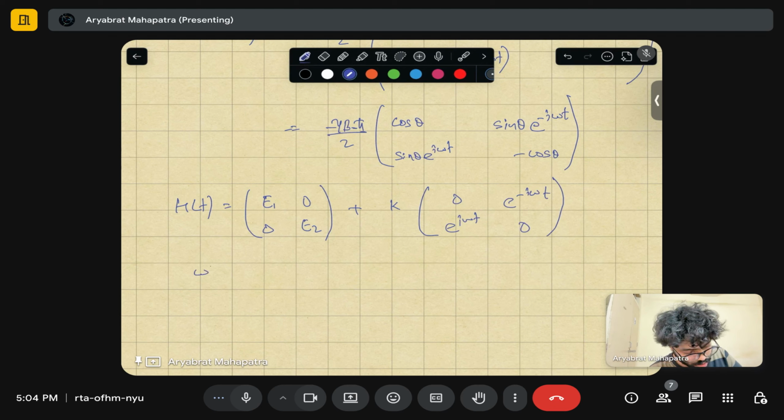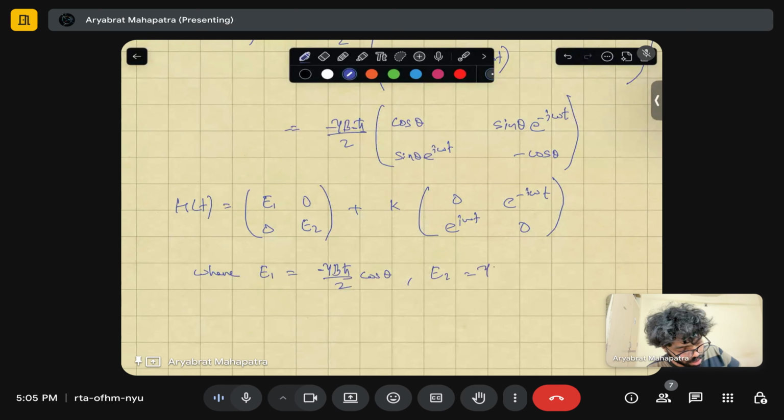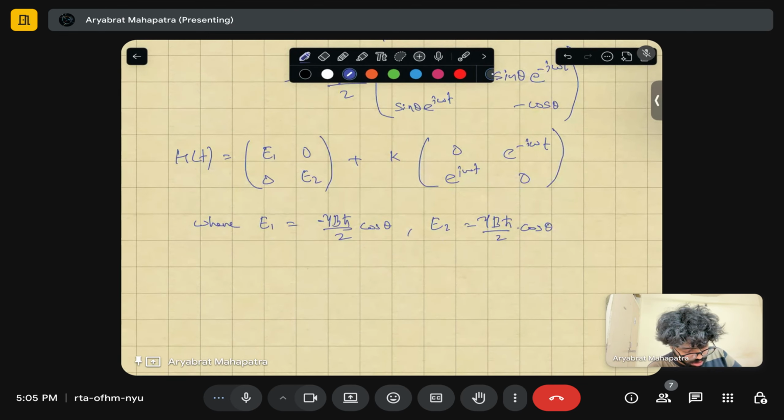where E1 is minus gamma B h bar by 2 cos theta, and E2 is gamma B h bar by 2 cos theta, and your k is minus gamma B naught h bar by 2 sin theta.